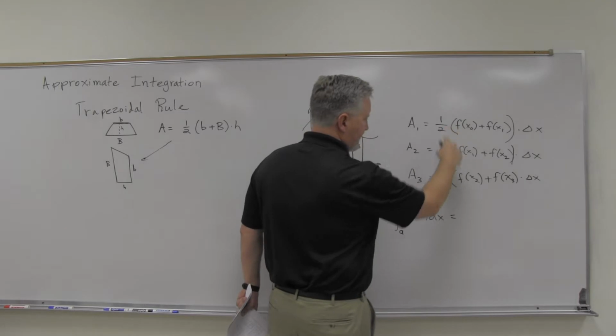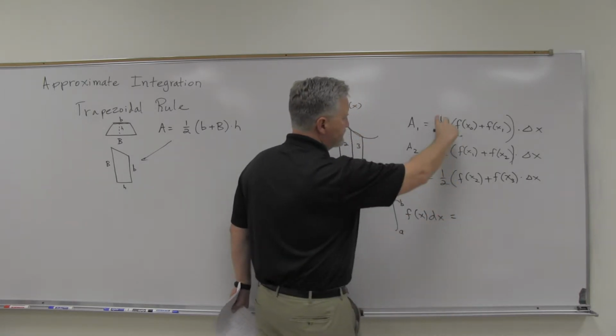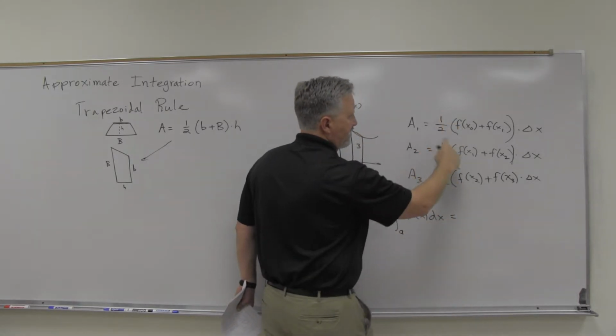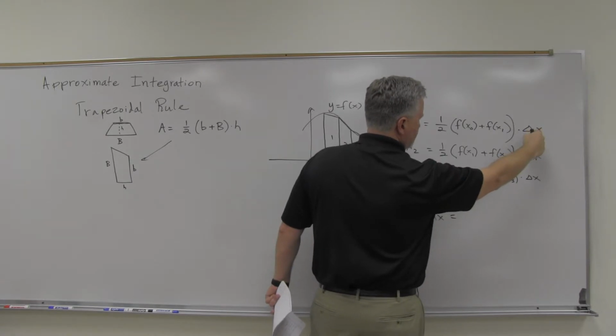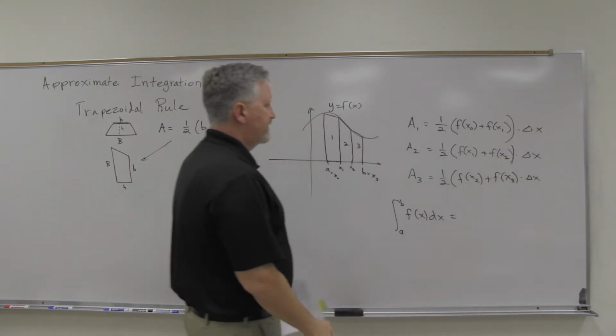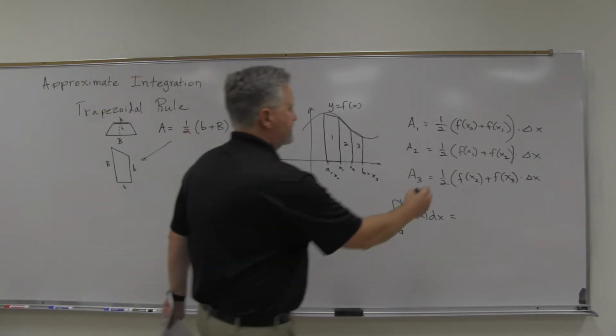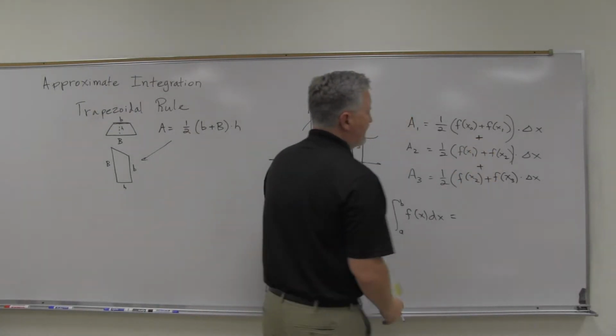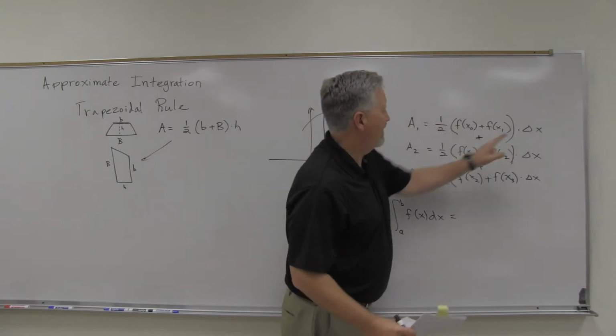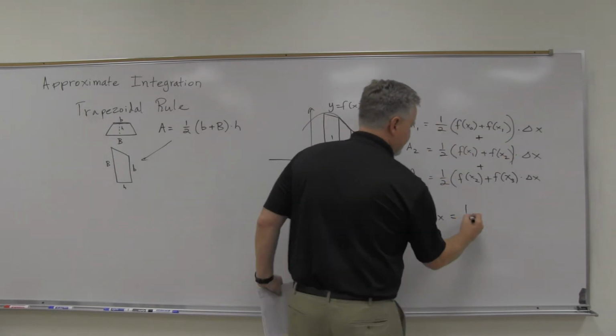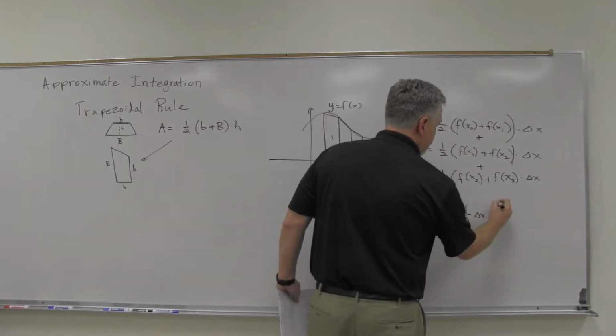Well, look at this. If I add up all those, here's what we're going to have. So we're going to add these 3 up. And if we add those 3 up, notice they all have 1/2 delta x. So let's factor that off.